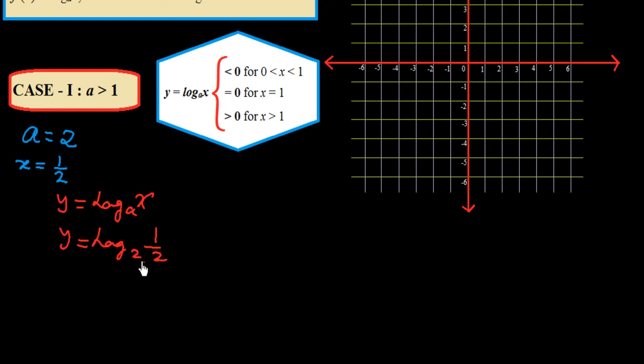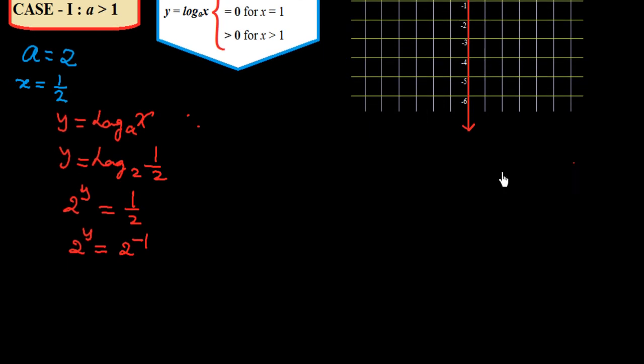So if we simplify this, it means 2 power y is equal to 1 by 2 if we anti-log these all. So we get 2 power y is equal to 2 power minus 1. 1 by 2 we can write in this way, 2 power minus 1. Therefore we have y is equal to minus 1.